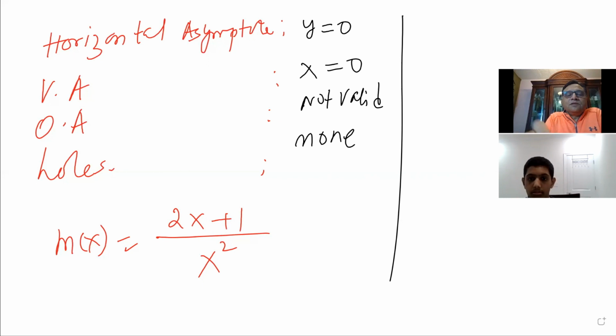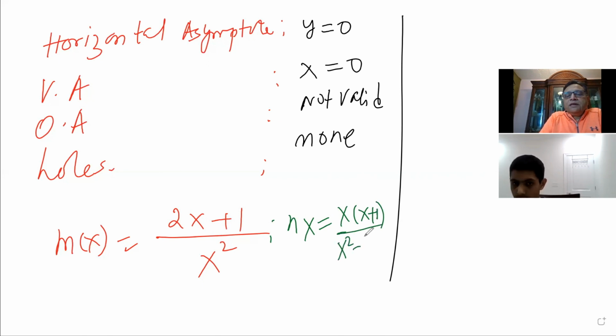Another function, n of x equals x plus 1 over x squared minus 1. Tell me. The horizontal asymptote is y equals 0.